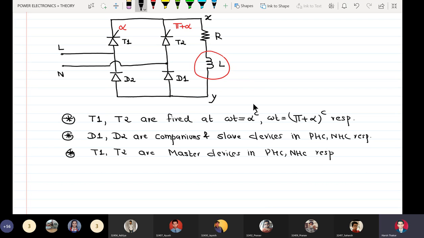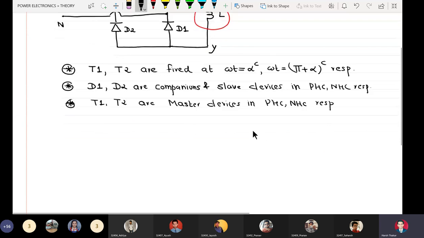Okay, and just from a rough example, whenever any big person wants to reach somewhere, the servant reaches first, makes all the necessary arrangements so the master can come and he can reside. Same concept can be used to easily understand the operation of this circuit.